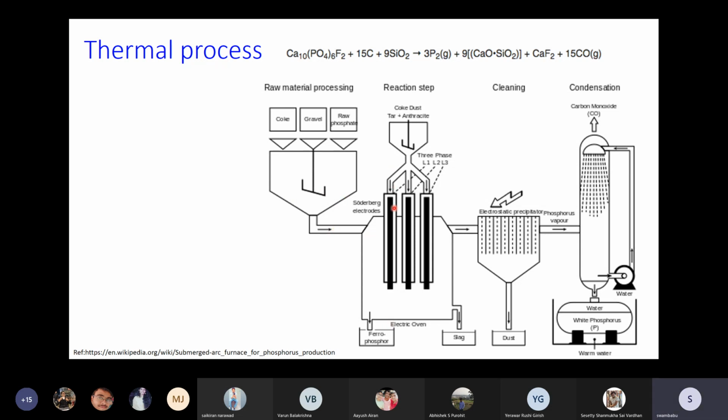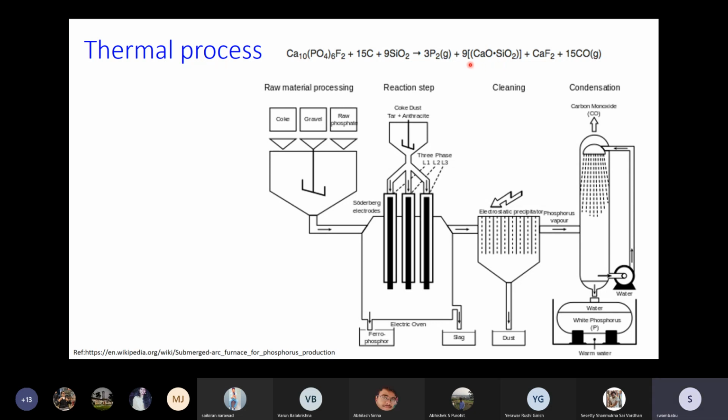In this electric oven, three electrodes are connected and supplied with three-phase power, and a high amount of power is supplied, which generates a lot of heat. During that heating, this reaction happens.